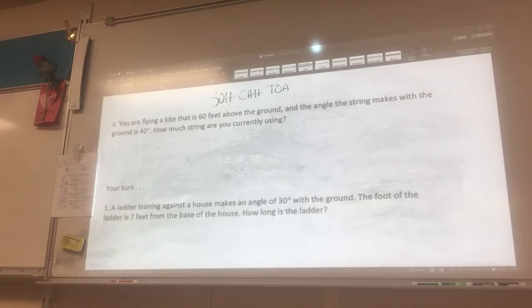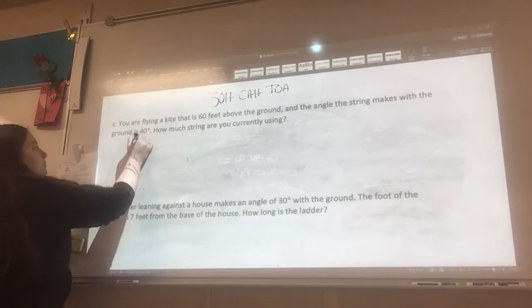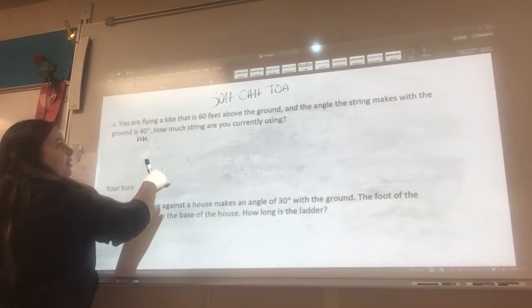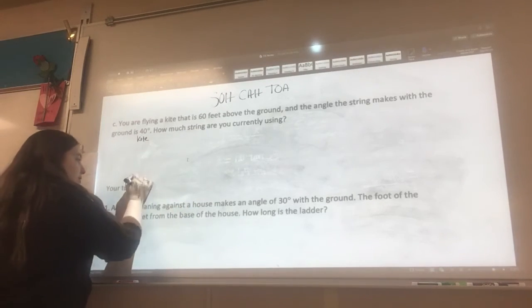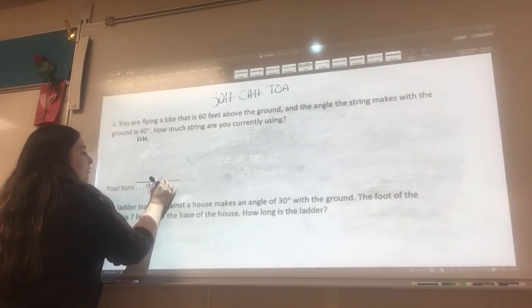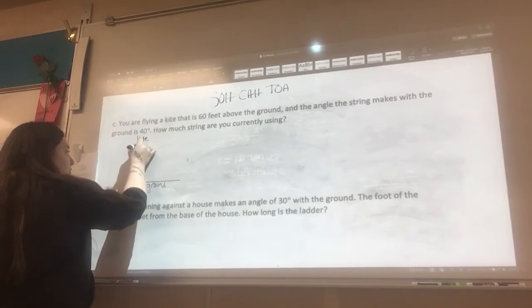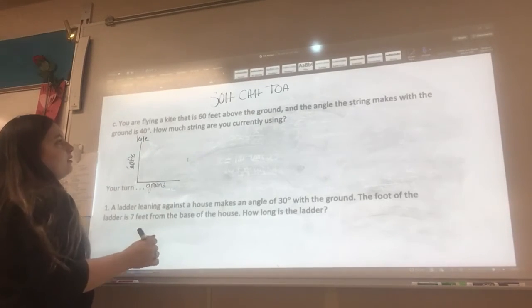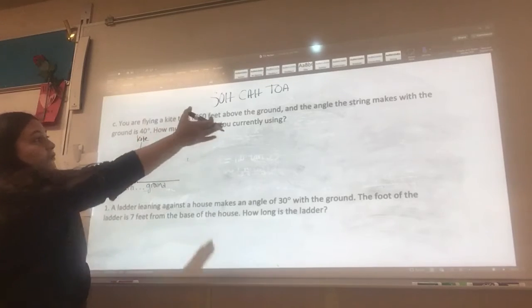Okay. So C, you are flying a kite. Sweet. We have a kite. And it's 60 feet above the ground. That means here's our ground. From ground to the kite is 60 feet. I've just read the first sentence.